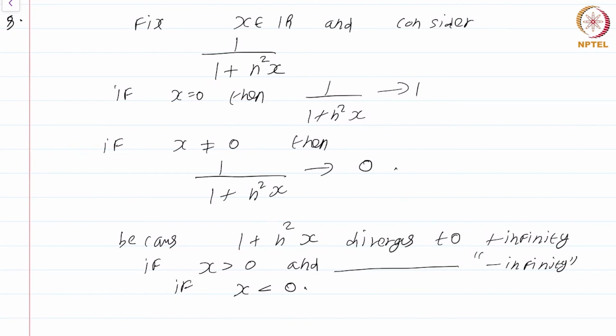Because of this, we immediately get that 1 by (1 plus n squared x) must converge to 0 if x is any number other than 0. Okay? So this is one set of examples. In the next module, we will see some more examples that involve polynomials and exponentials together. This is a course on real analysis. You have just seen the module on examples of convergent and divergent sequences.